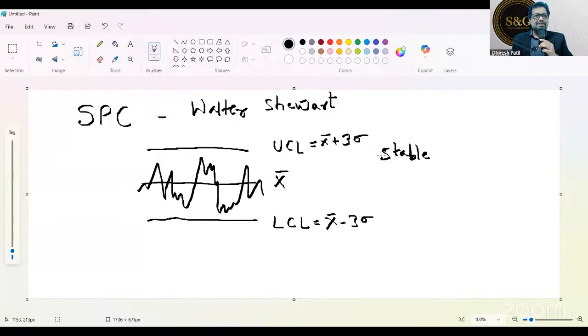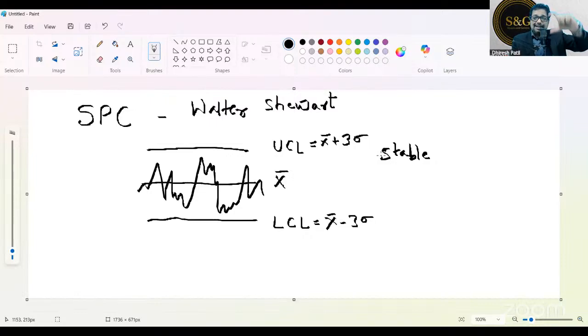After a lot of R&D, Walter Shewhart arrived at +3 and -3 standard deviation. Any process which flows through this is called a stable process. Stable means a predictable behavior of the process. You can predict the behavior of the process.